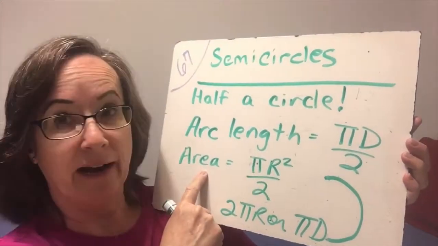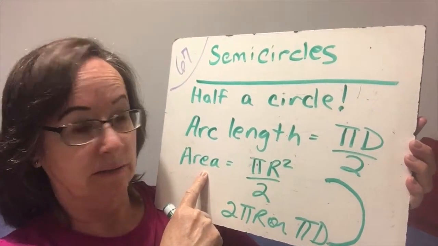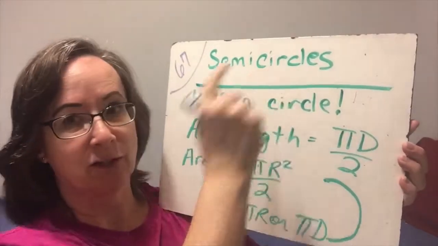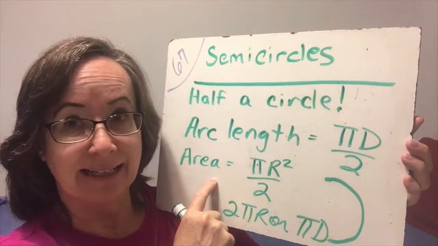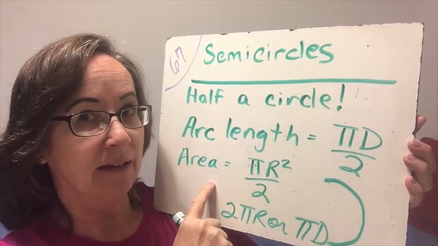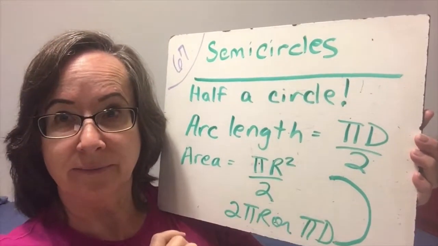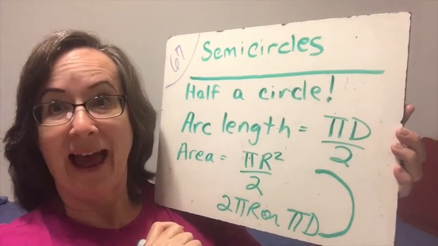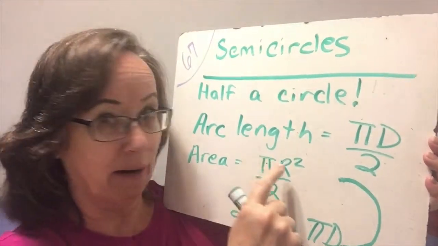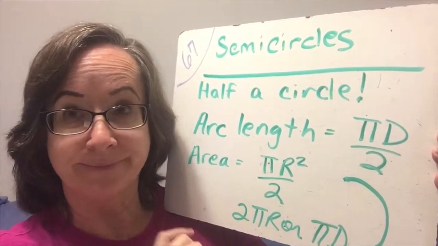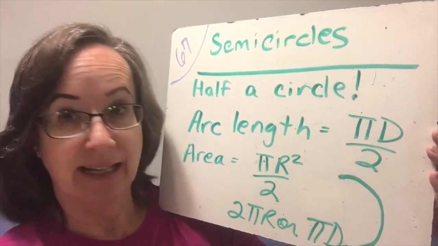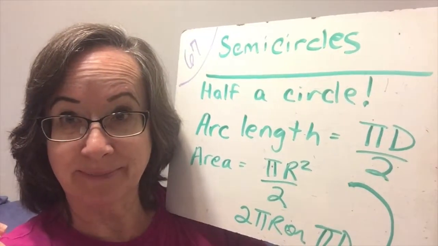And the area of a semicircle is exactly half the area of a circle. A circle's area is pi r squared, so a half circle's area is pi r squared divided by 2. And that is all there is to it.